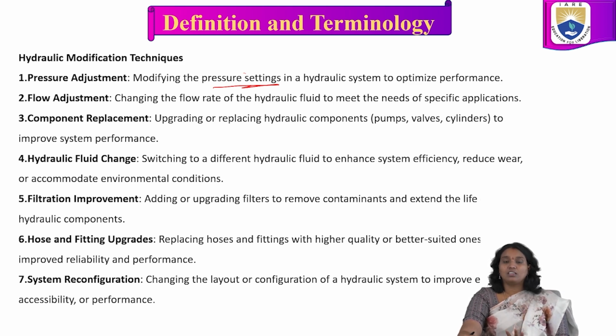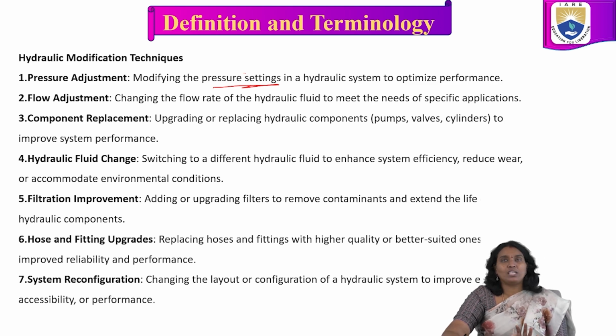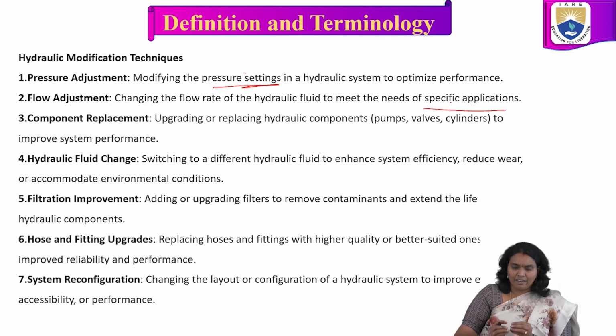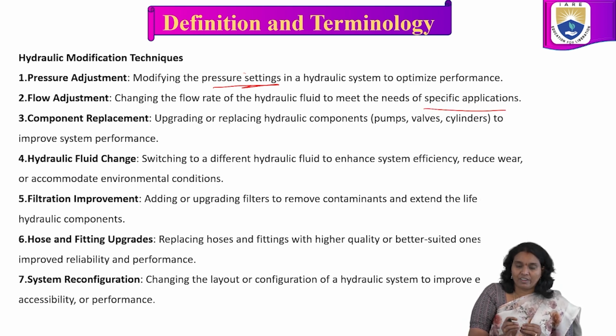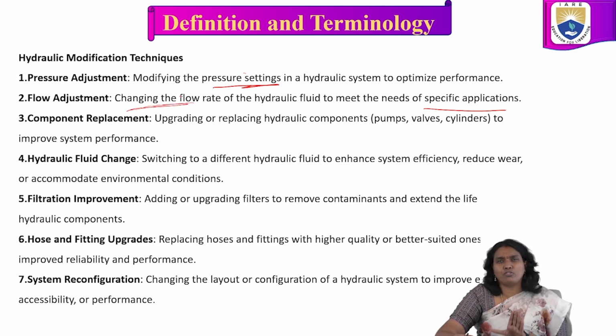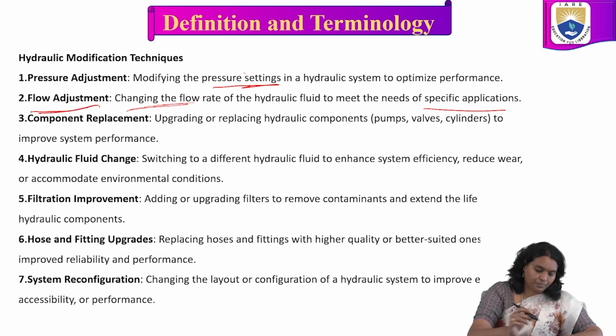Flow adjustment is changing the flow rate of the hydraulic fluid to meet the needs of specific applications. Whenever we apply it for a specific application, we change the flow rate.